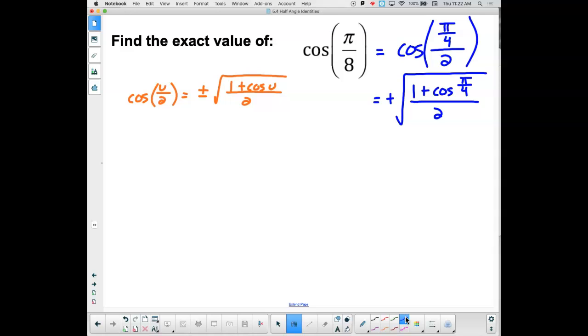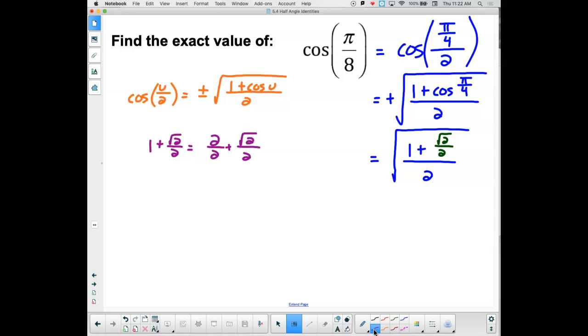Cosine at pi over 4. Simplify the numerator.